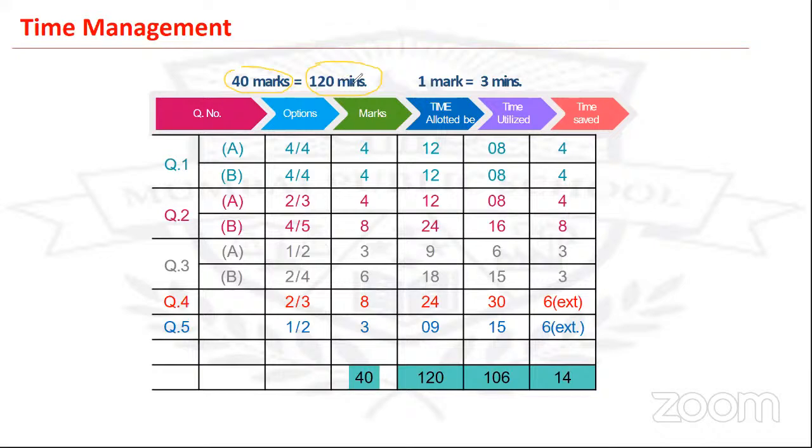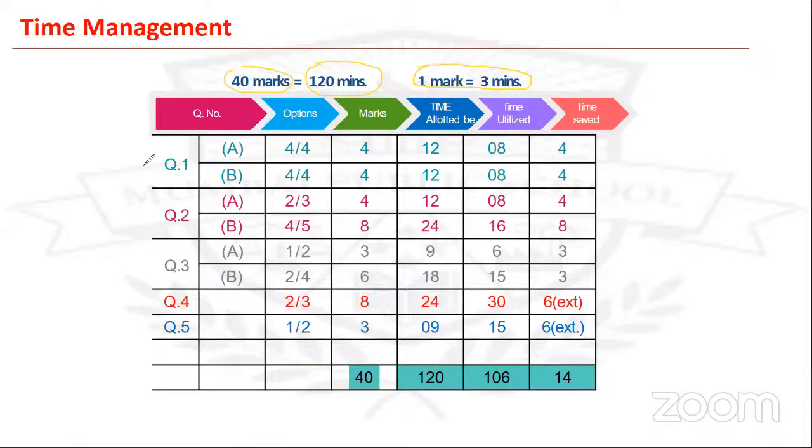So that means on an average, for 1 mark, you have got 3 minutes with you. So you have to waste that much time only. Don't waste much more time beyond that for any calculation. Otherwise, you'll run short of time.